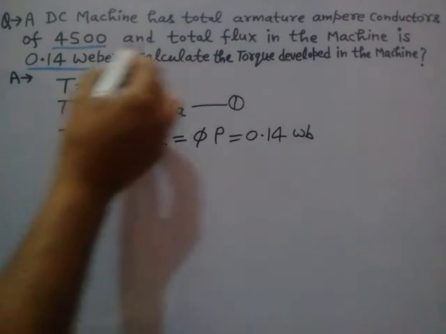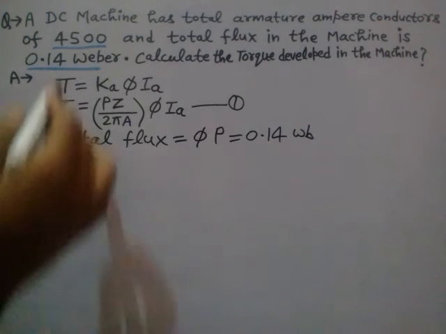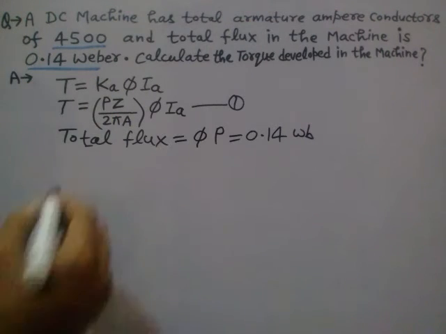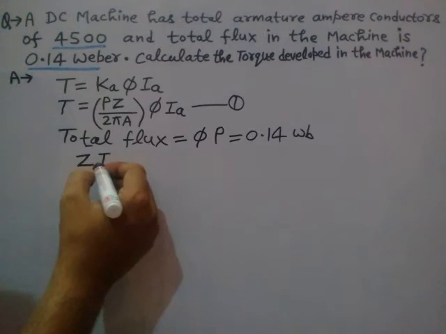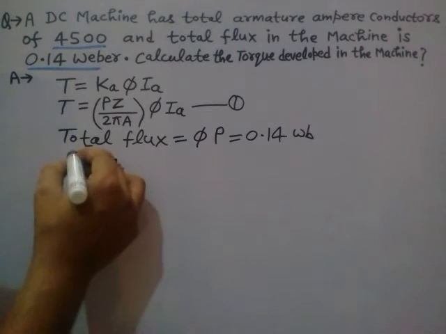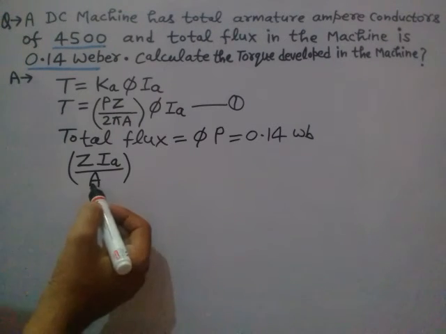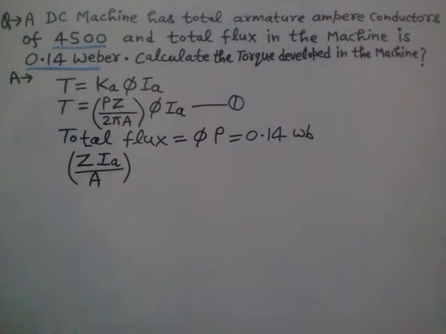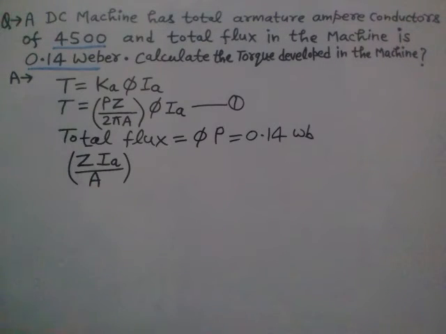And one more data is given, the total armature ampere conductor, it is given as 4500. So total armature ampere conductor is basically Z into Ia by capital A. Ia is the armature current, A is the total number of parallel paths in the armature and Z is the armature conductors.